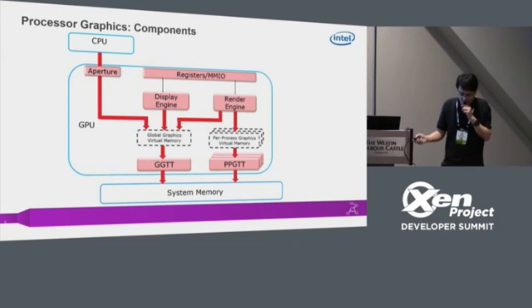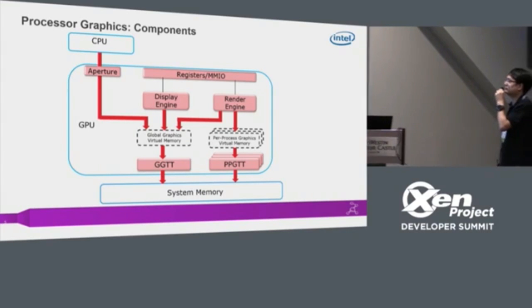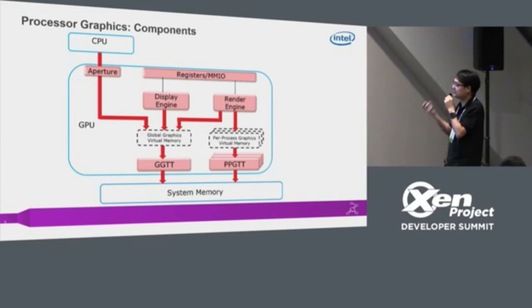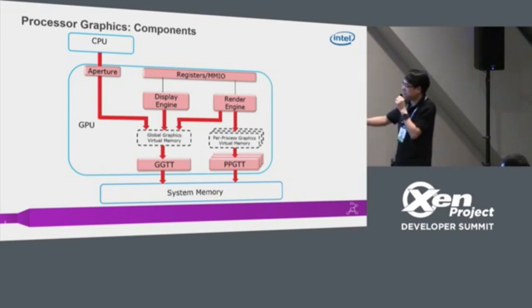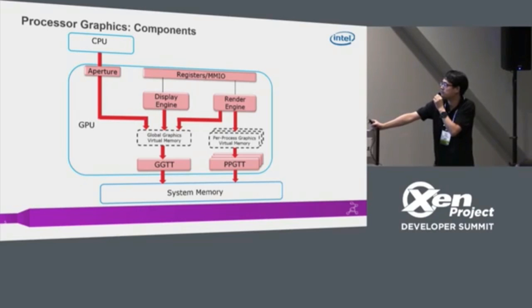To understand this, we need to get into the details of Intel processors. Here is a very high level picture. The GPU accesses system memory through its global page table and per-process graphics page tables.